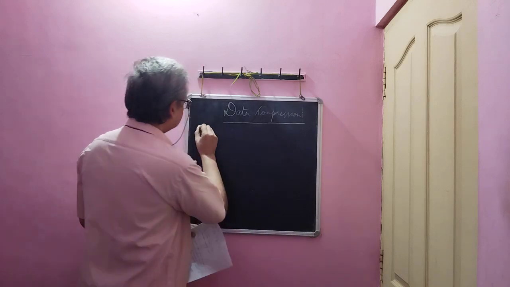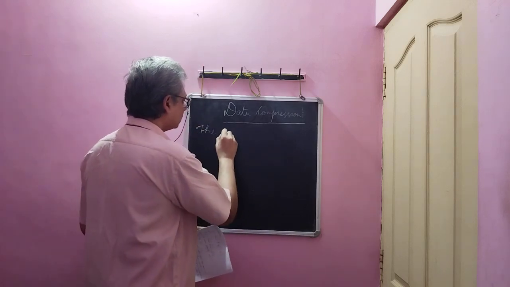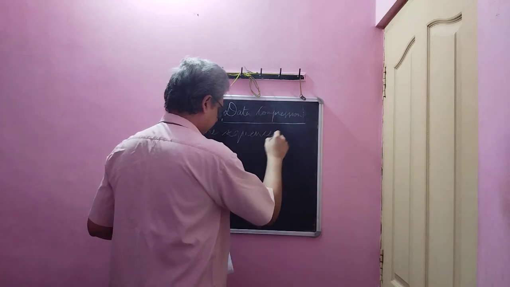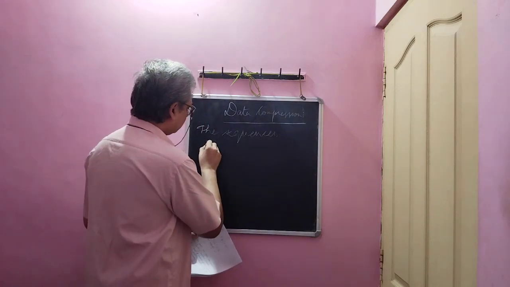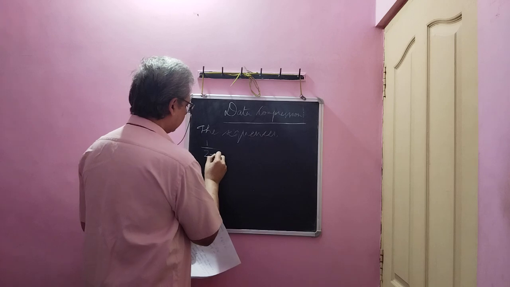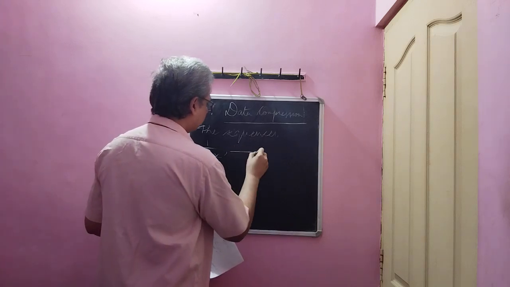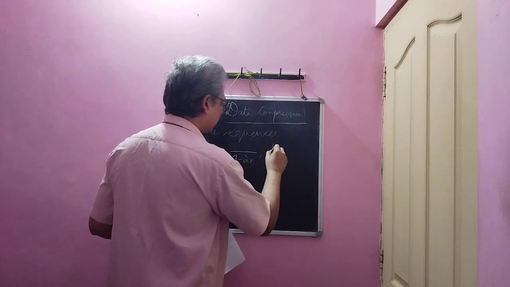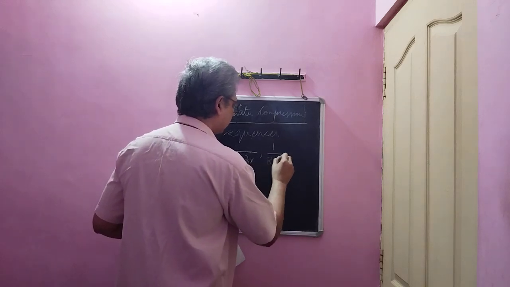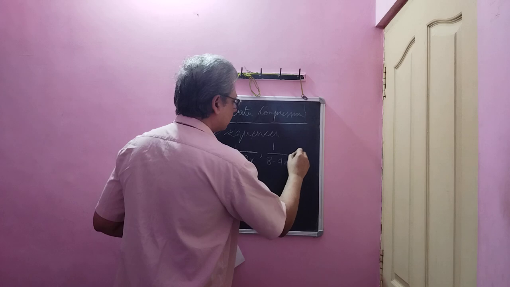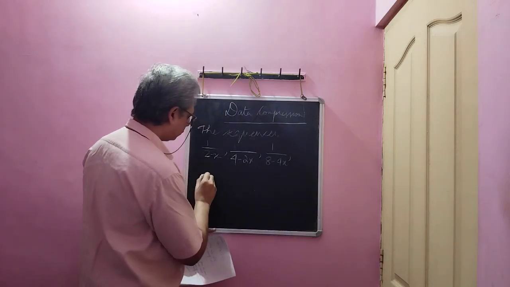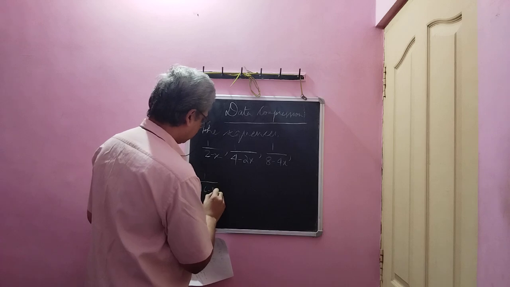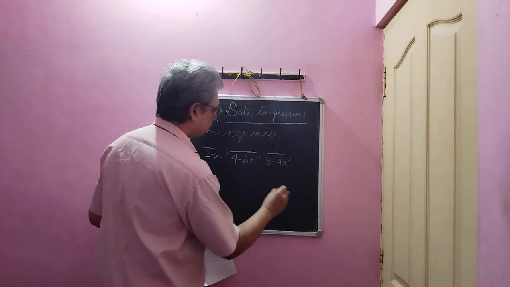First is the sequence 1 by 2 minus x, comma 1 by 4 minus 2x, comma 1 by 8 minus 4x, comma, and so on, 1 by 16 minus 8x, and so on.